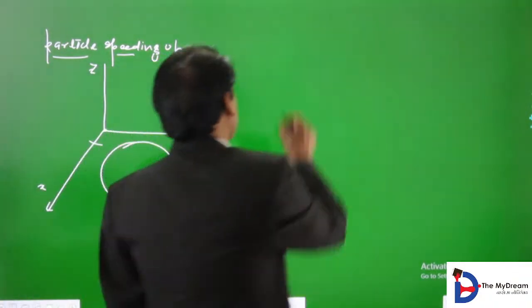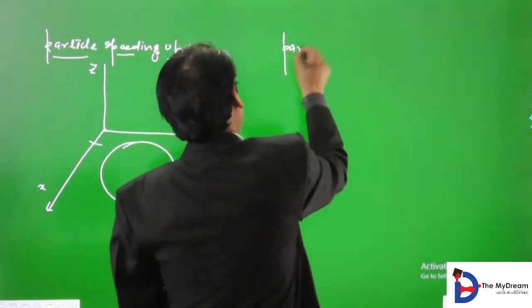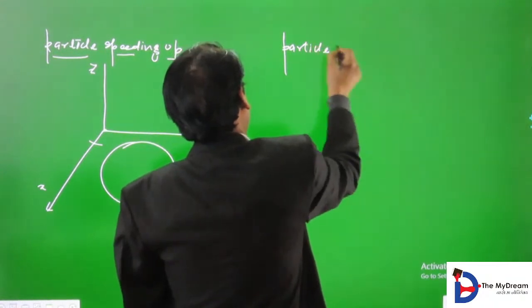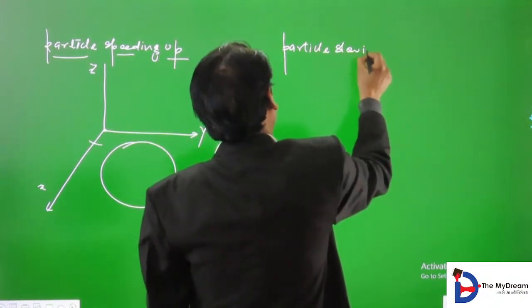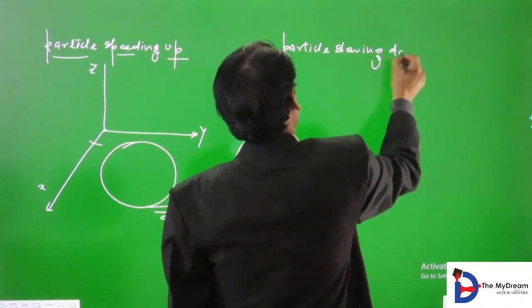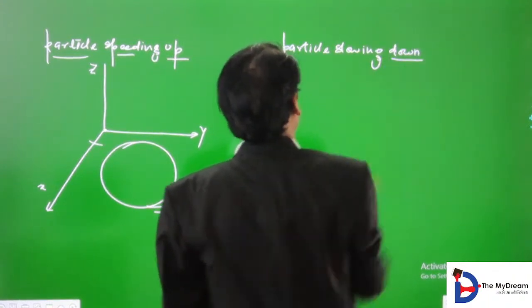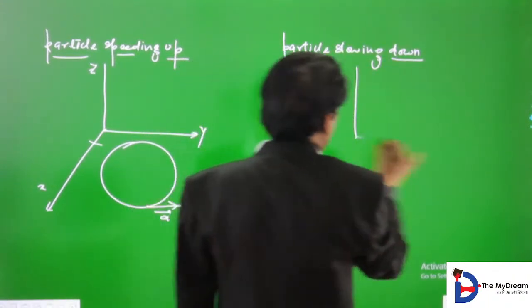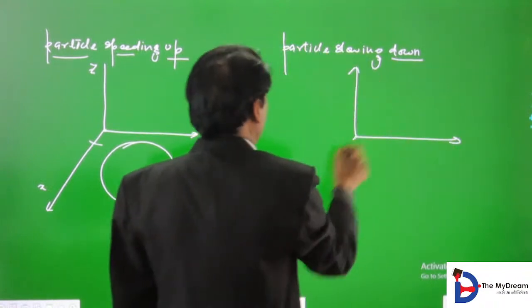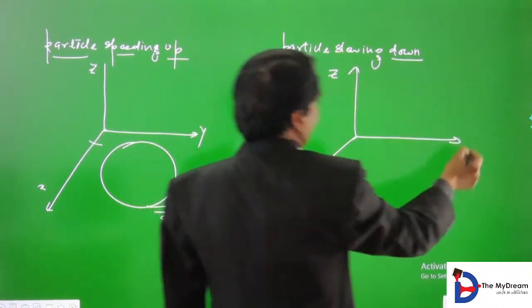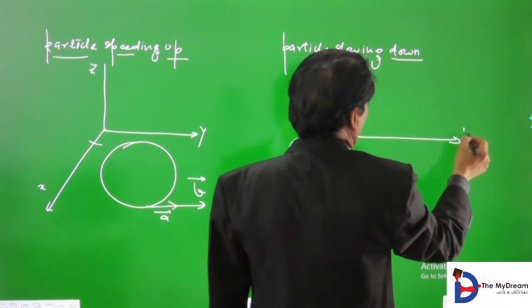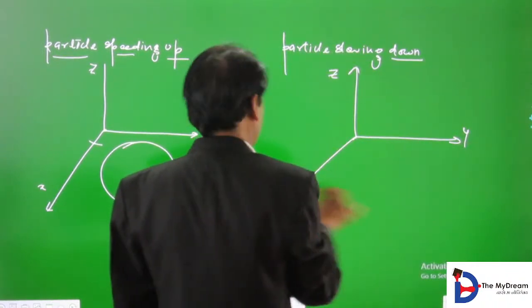Whereas for a particle slowing down, you can draw this. This is z, this is y, this is x.